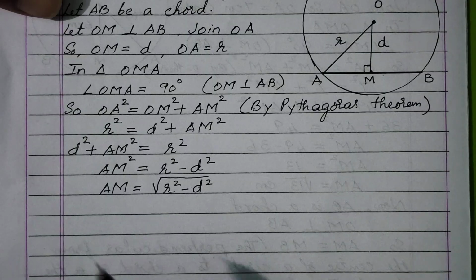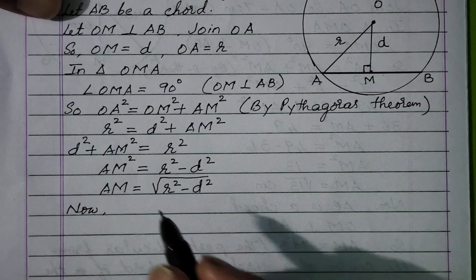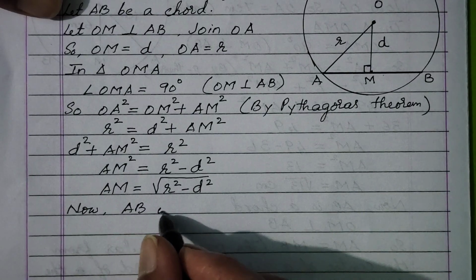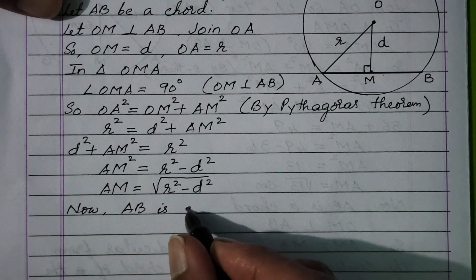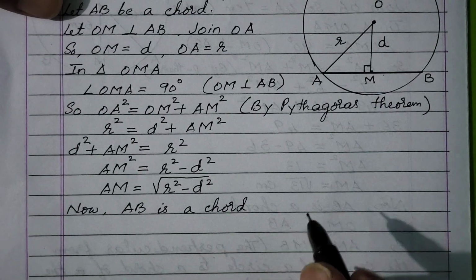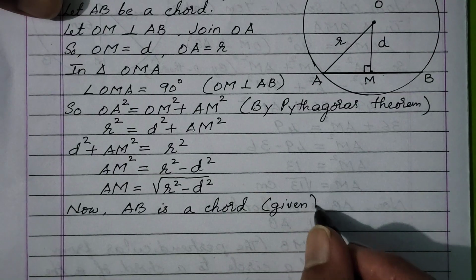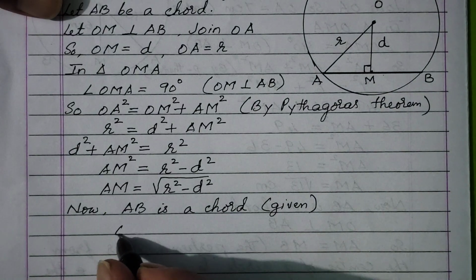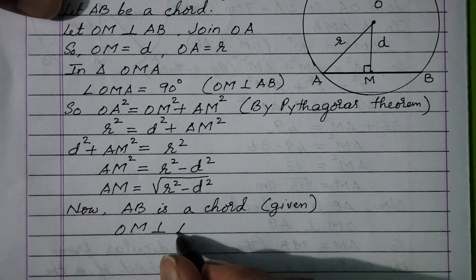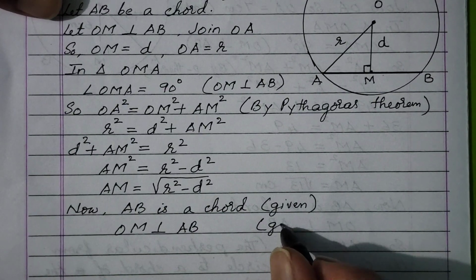Now, AB is a chord, given. OM is perpendicular to AB, given.